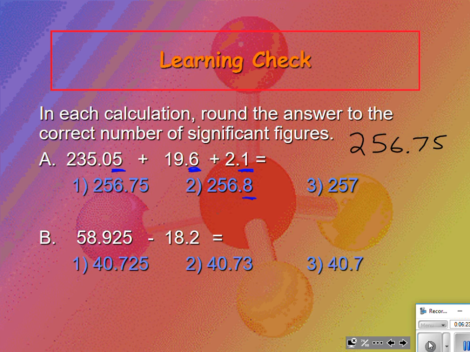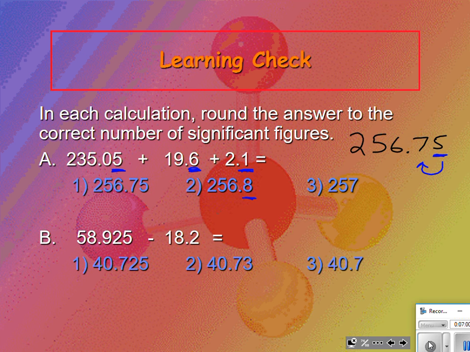Okay? Something in math that we call the even rule. And the even rule comes into play when the rounding digit is a 5. Now, if there is nothing behind the 5, that tells me that I have to make this value even. So I would round that 7 up to an 8.